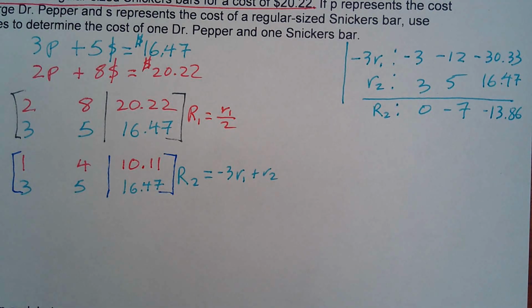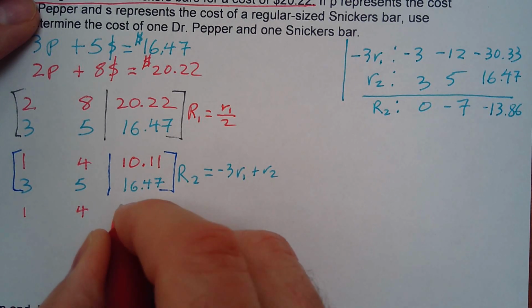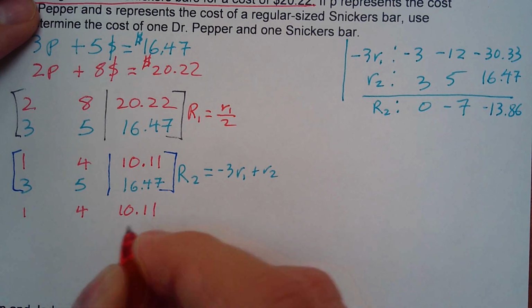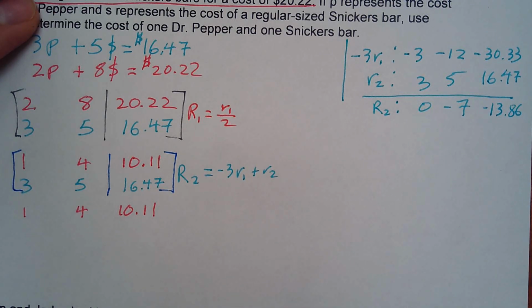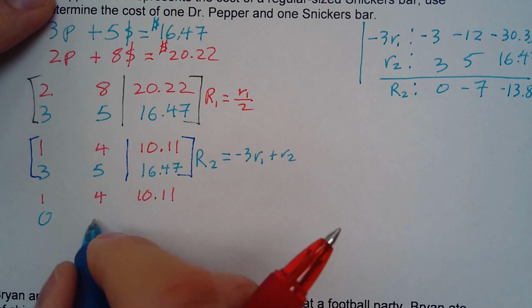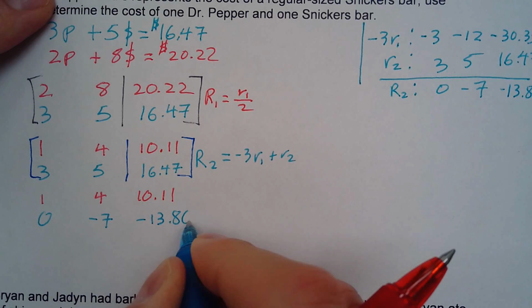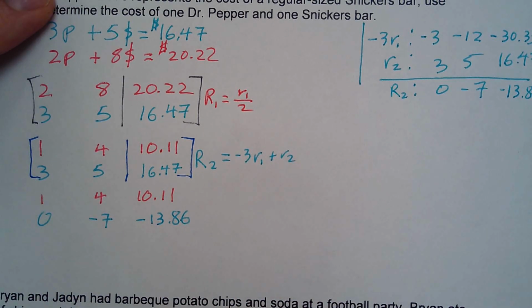So you can do that calculation. So this would be 1, 4, 10.11. We now have 0, -7, -13.86.